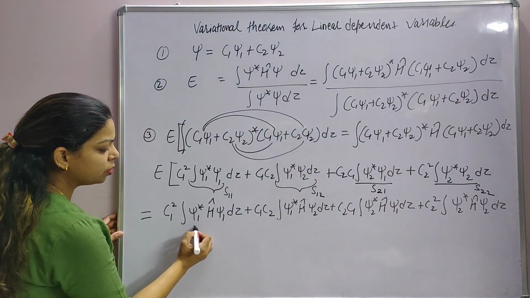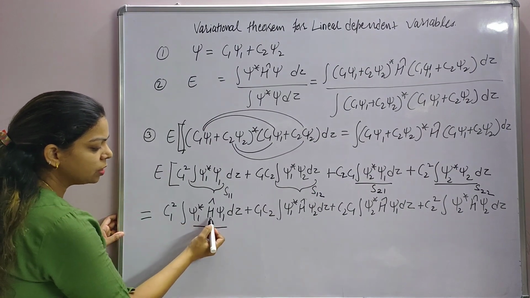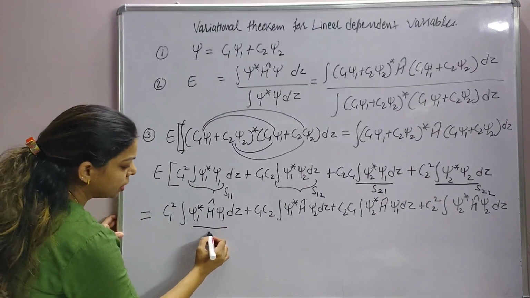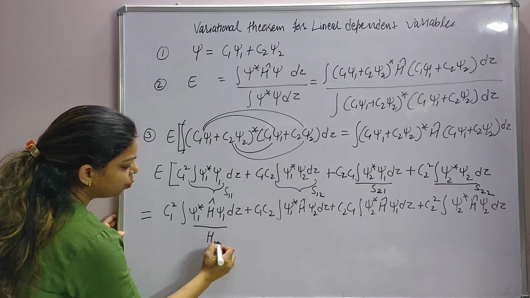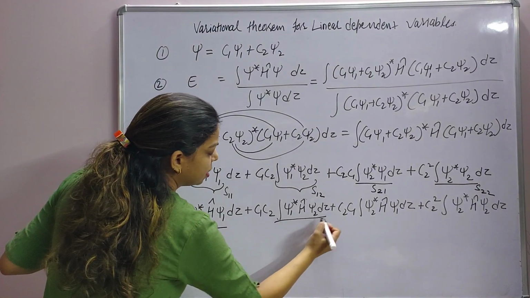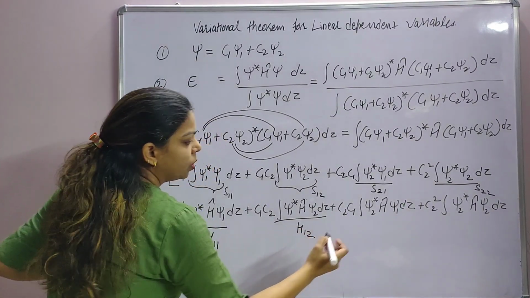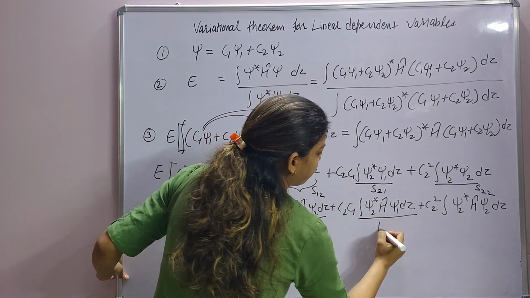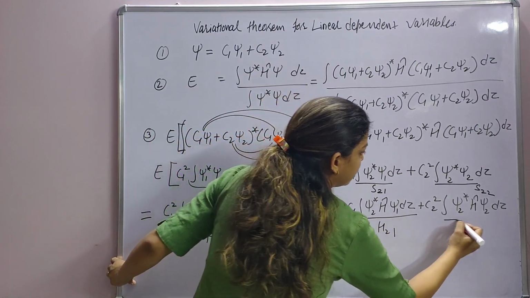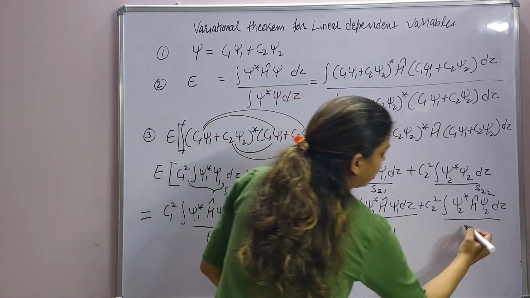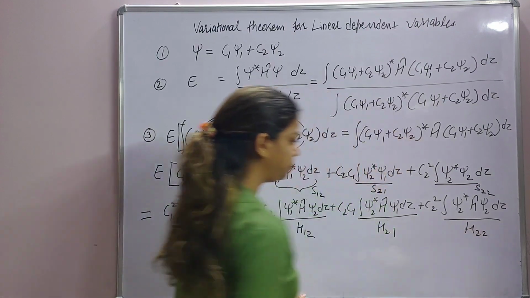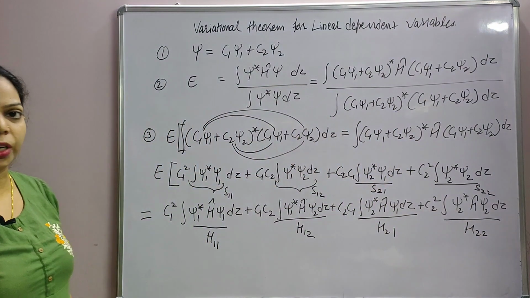Again for the terms on the right hand side, because the Hamiltonian is involved, I will call this term H11, this term H12, this term H21 and this term H22.